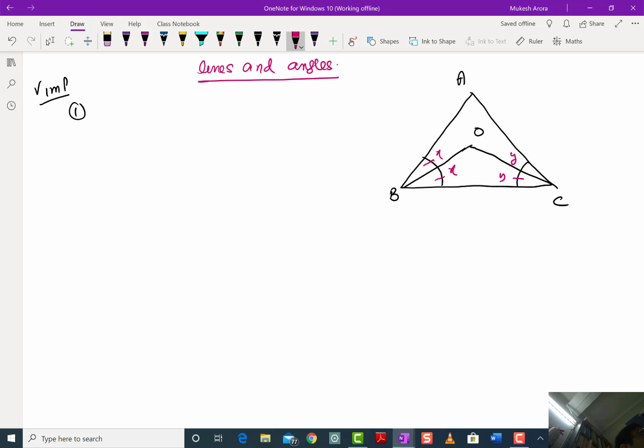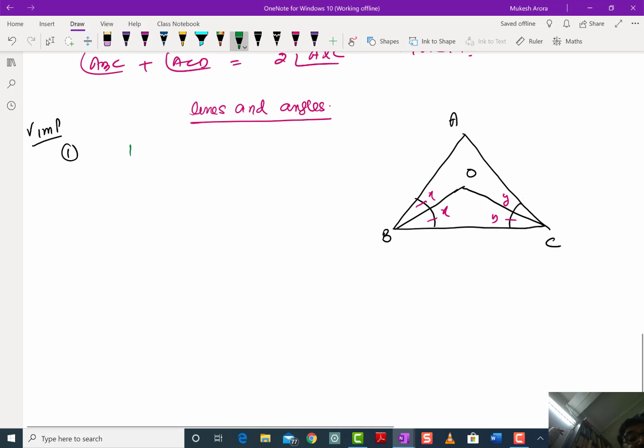Given this, prove that angle BOC is equal to 90 plus half of angle A.